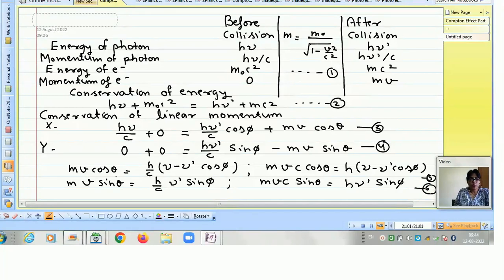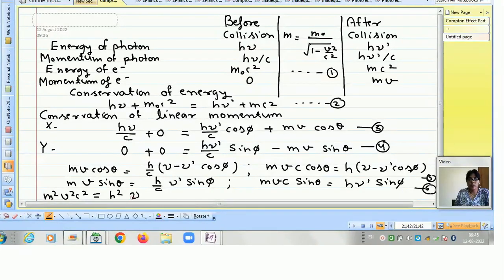Now what we have to do is take the square of both equations and then add, meaning squaring equations 5 and 6 and then adding both. Then we will get m square v square c square into cos square theta plus sin square theta, and we know that cos square theta plus sin square theta is equal to 1. So I am writing m square v square c square is equal to h square into nu minus nu dash cos phi whole square.